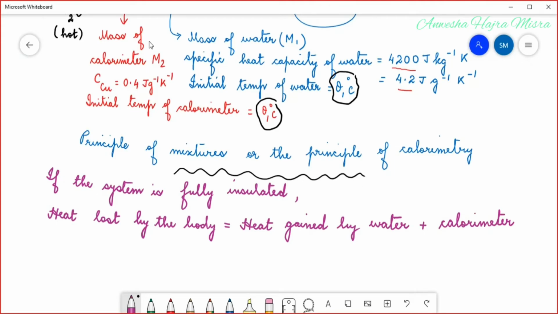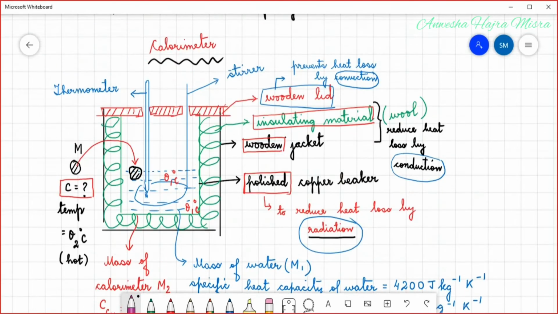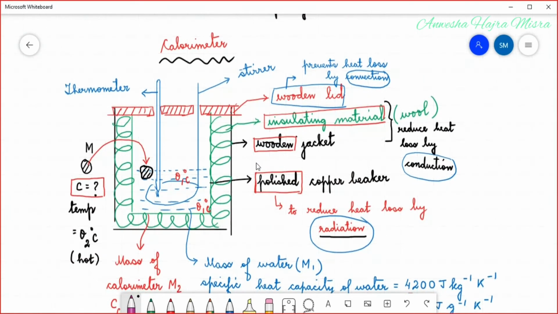The body was hot. The body loses heat. And the water and the calorimeter gain heat. Let the final temperature of all the components be theta degree Celsius.